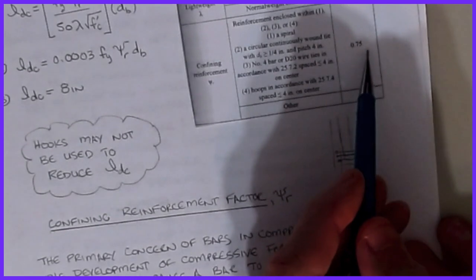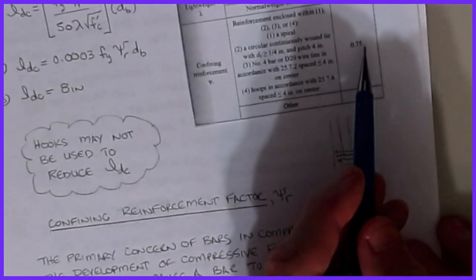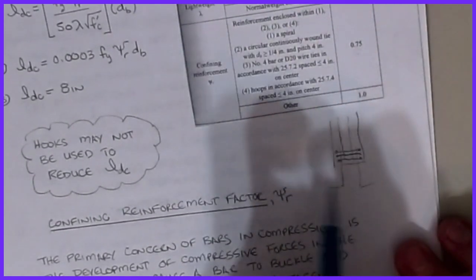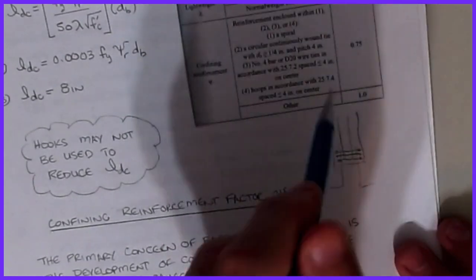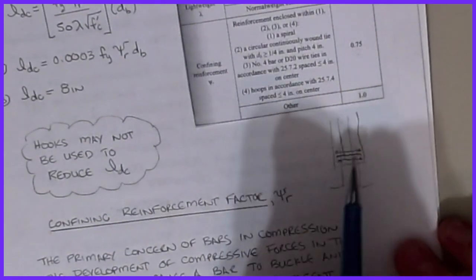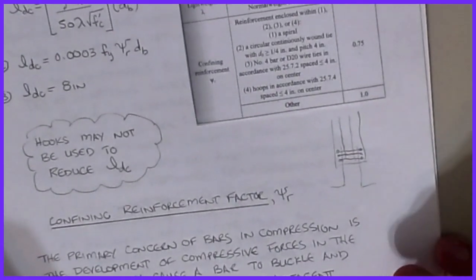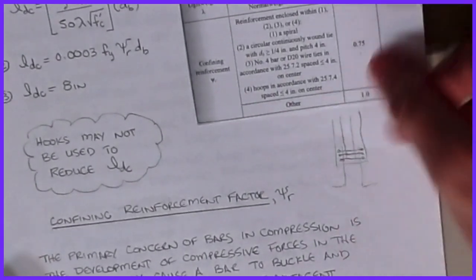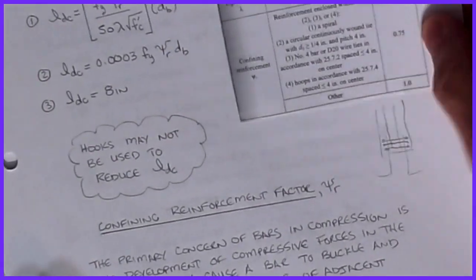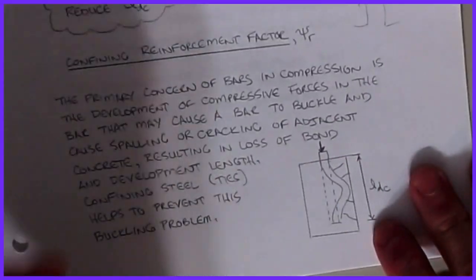So that 0.75 is a 25% savings, right? You choose very small bars and do some things to make that happen. That's one of the detailing tricks you'll see on construction drawings from time to time.